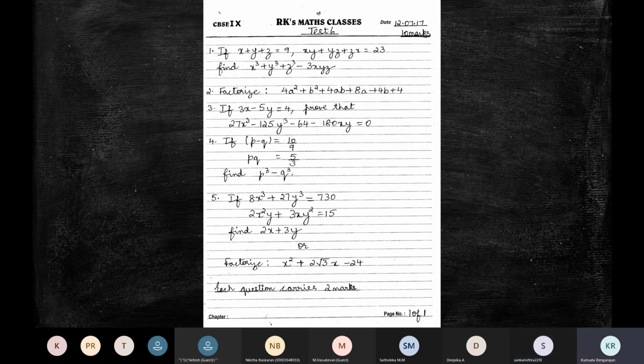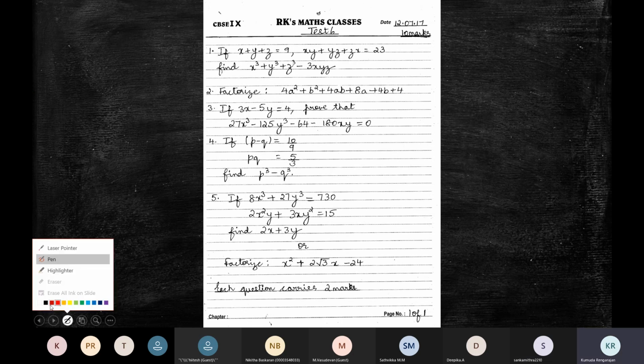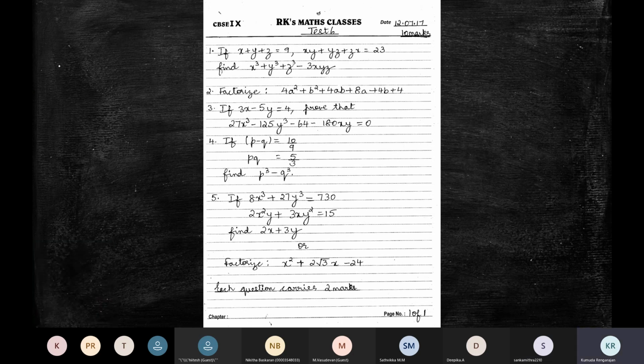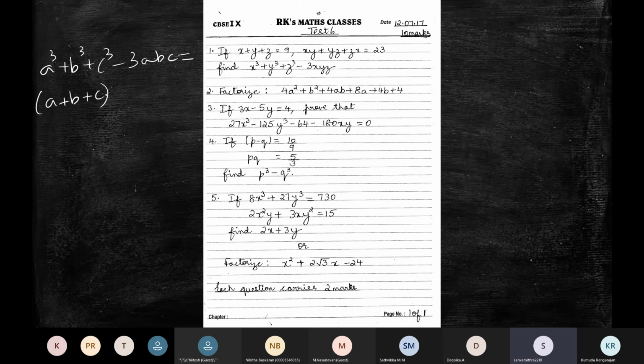No, complete this identity, class. What is a cubed plus b cubed plus c cubed minus 3abc? Which identity? a plus b plus c into a square plus b square plus c square minus ab minus bc minus ca.